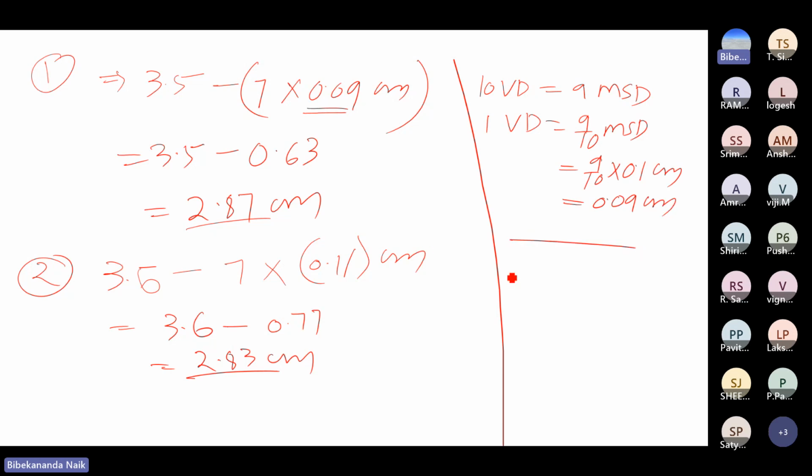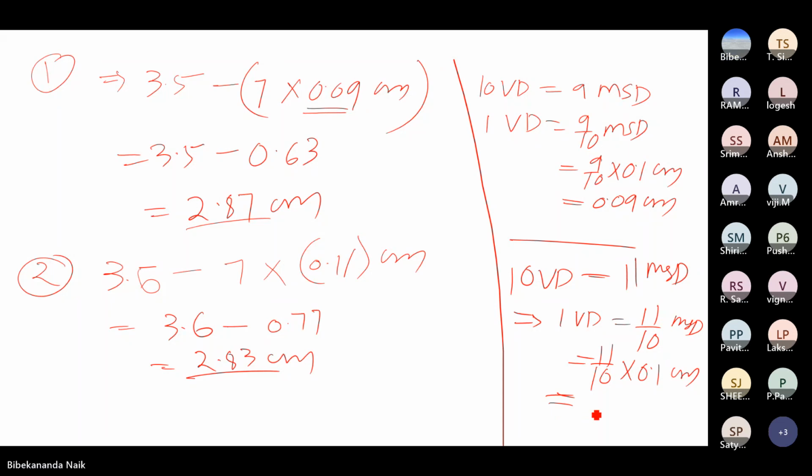But in the second case, 10 vernier divisions correspond to 11 main scale divisions. So one vernier division will be 11 by 10 main scale division. So 11 by 10 into 0.1, because the main scale is equal in both cases, will be 0.11 centimeter.